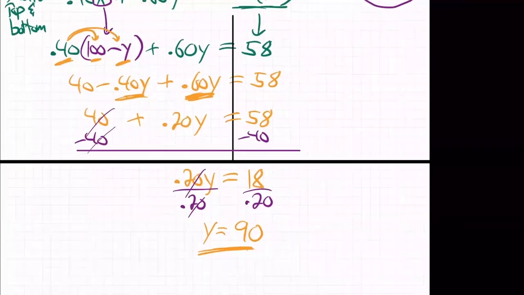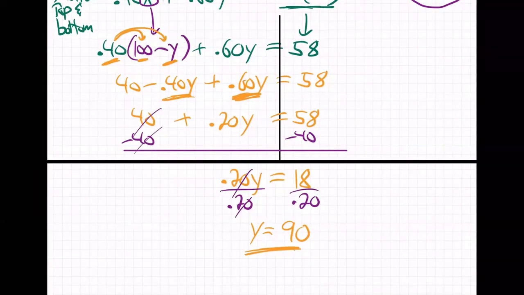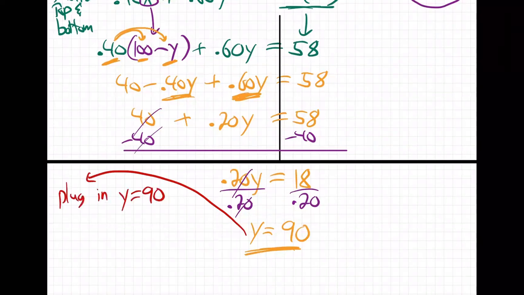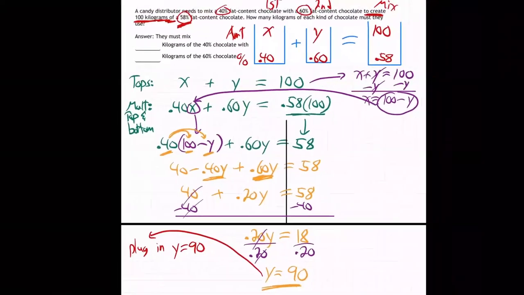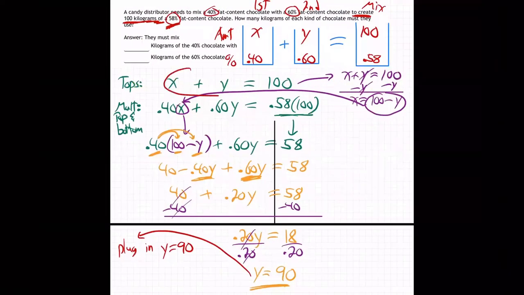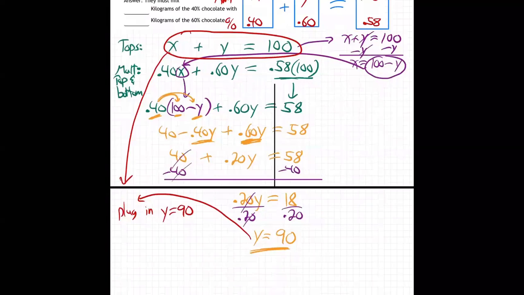Now, once you've got one letter, how do you get the other? You know, you plug it in, right? Plug it in pretty much anywhere you want. Let's bring it over here. I'm going to plug in Y is 90. So where's the original equation? I'm going to grab the first. You can grab either equation. It doesn't matter. I'm going to grab the first one here. Bring it down.